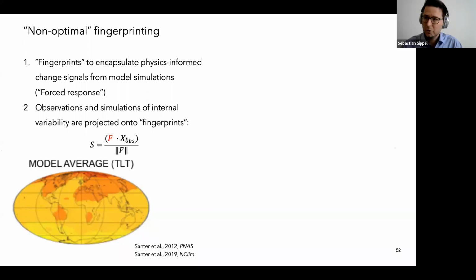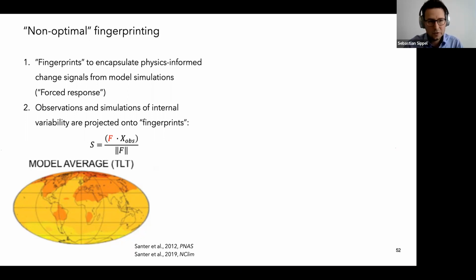So we can use this S from the observations as a test statistic to compare it to the projections of the pre-industrial control simulations onto this forced response, and see whether the observations exceed the variability of the distribution of the pre-industrial control simulations. Very much as we did yesterday, but yesterday we did it for the global mean statistic, and now we're doing it for this pattern-based statistic.